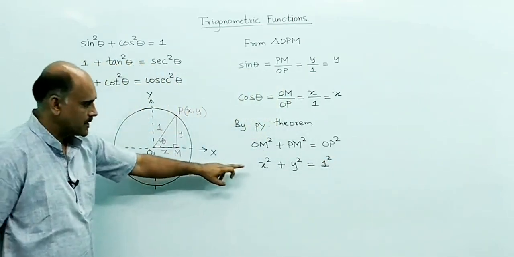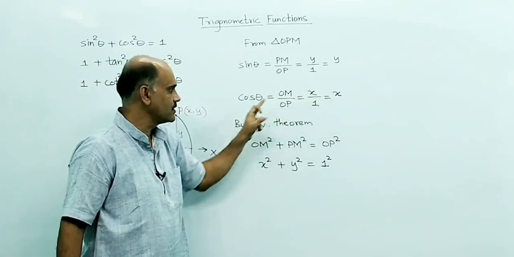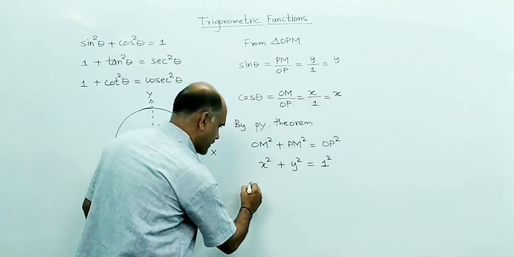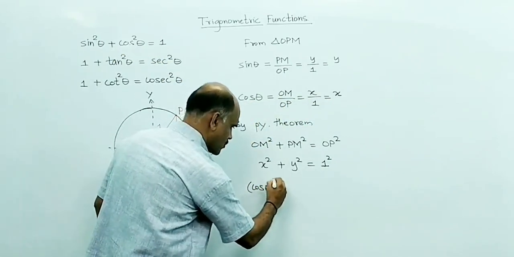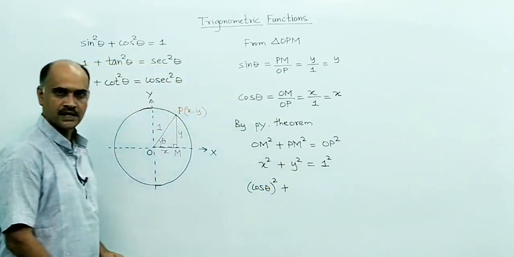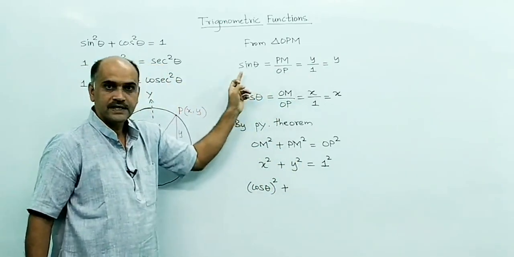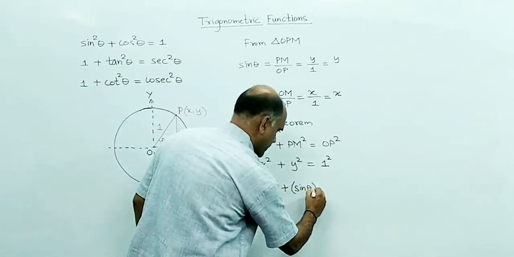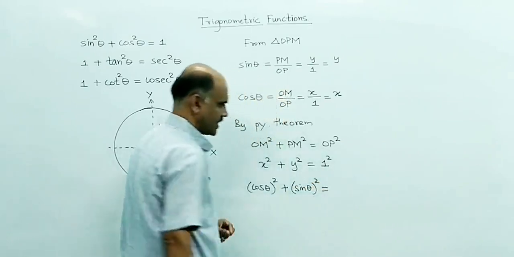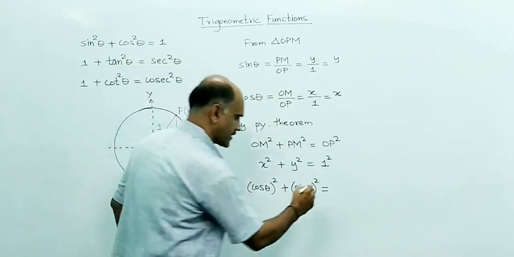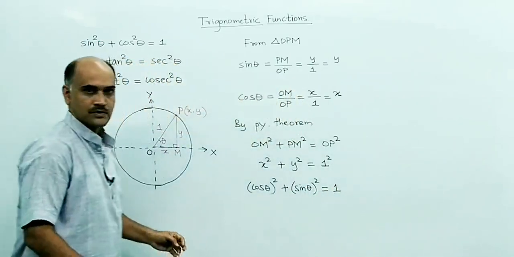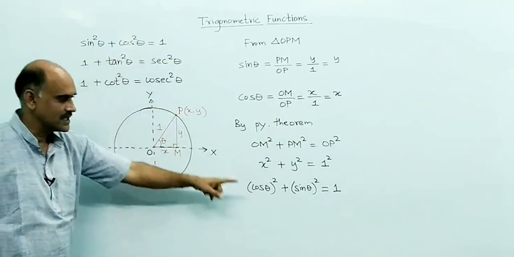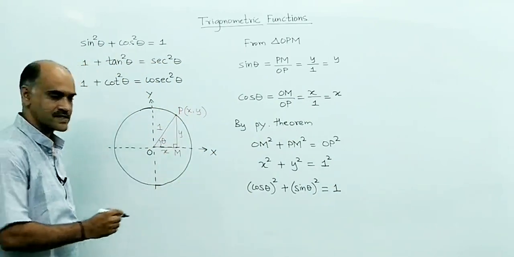Now, x is nothing but our cos theta. So x square will be cos square theta, that is, x is (cos theta) whole square. Similarly, y is sin theta, so this I can write as (sin theta) whole square, and 1 square is 1. (cos theta) whole square is nothing but cos square theta, and (sin theta) whole square is nothing but sin square theta.